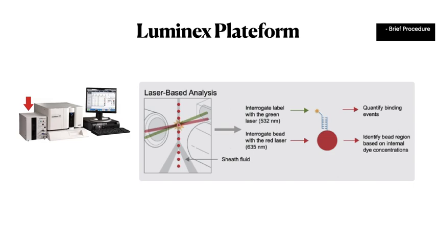And as you must have heard, the Luminex platform is a versatile one. It can run PRA where they use two different wavelengths of light. One is green and the other one is a red laser. The green one identifies the binding event or positivity of a particular bead, and red is a marker for the bead. So all the beads have a particular HLA number, and so that one reads it.